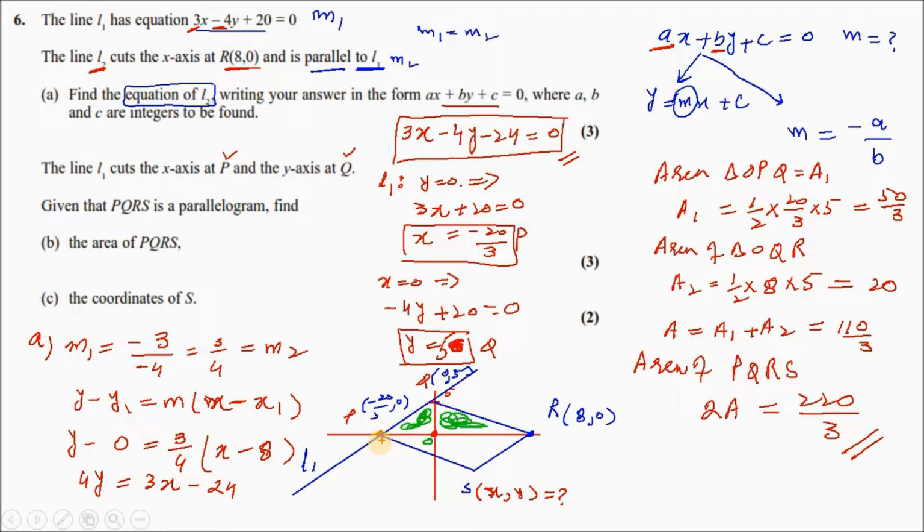Or from P, if I ask you to find the distance of O and P, that distance should be 20/3.